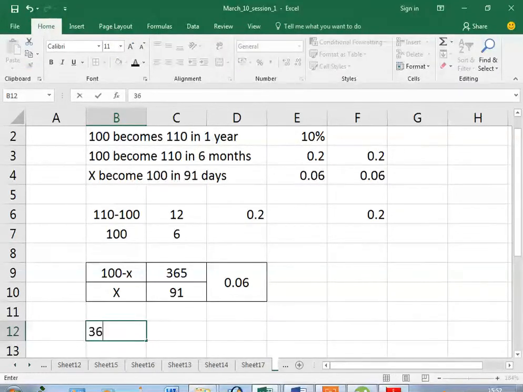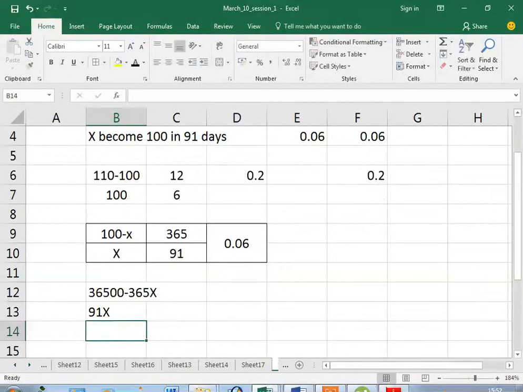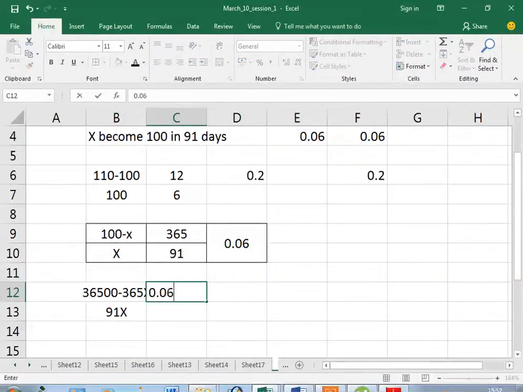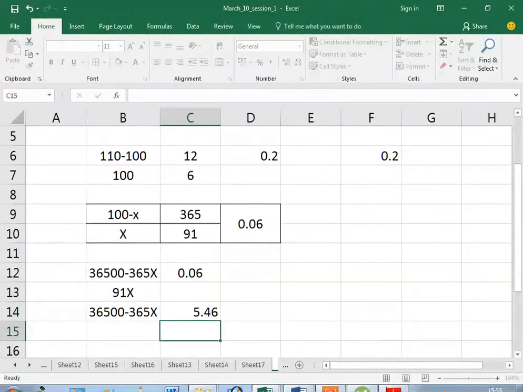(36,500 minus 365x) by 91x is equal to 0.06. 36,500 minus 365x is equal to 91 into 0.06, 5.46x.